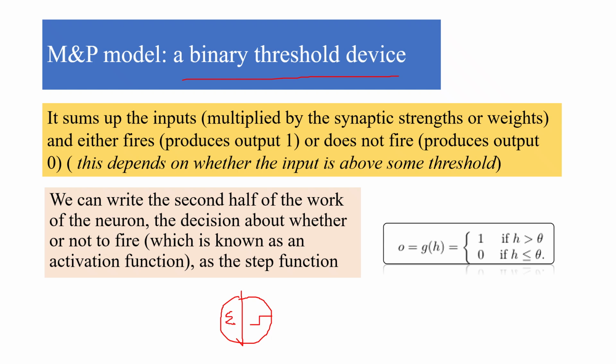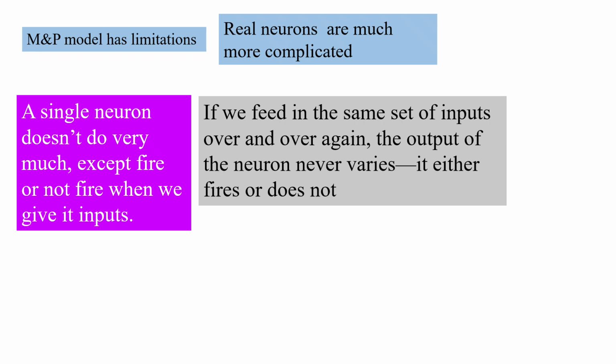So this is a simple model of a neuron, the McCulloch and Pitts model. But it has its limitations because real neurons are much more complicated. We may have spikes of outputs instead of a single output. We may have feedback connections back to the neuron, which currently we are not allowing in our neural network modeling.